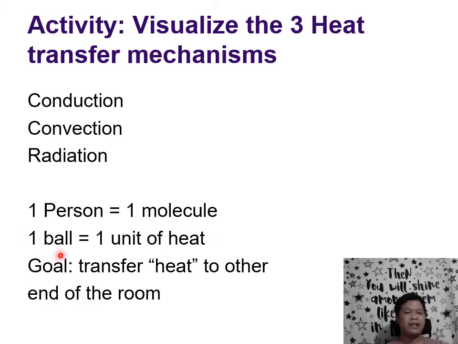If you were to transfer heat from one end of the room to the other, illustrating conduction, convection, and radiation, how would that happen? Okay, so I'd like you to think about that. Okay, the next slide will be blank, and I'll give a short answer after. So, tingnan nyo na lang. Okay?